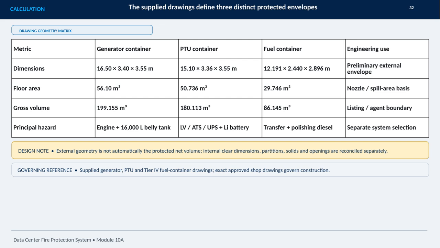Internal clear dimensions, partitions, solid obstructions, and openings must be reconciled separately before final calculations. These values are therefore a preliminary envelope and nozzle or spill area basis, while gross volume supports listing and agent boundary review. Final construction must follow the supplied generator, PTU, and Tier 4 fuel container drawings, with the exact approved shop drawings governing.